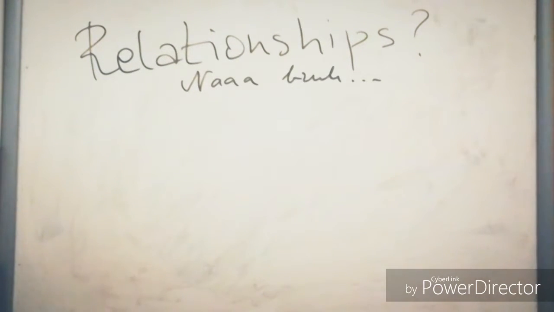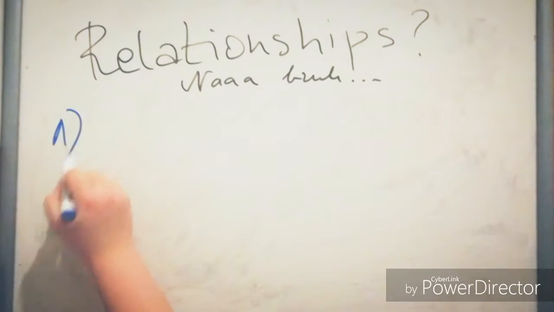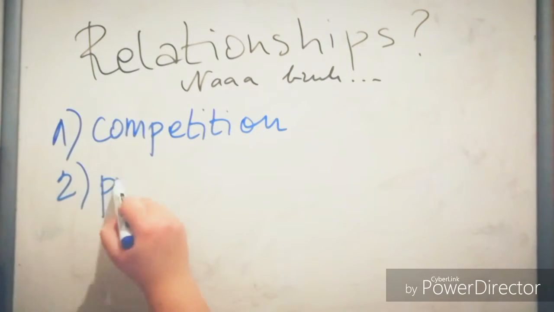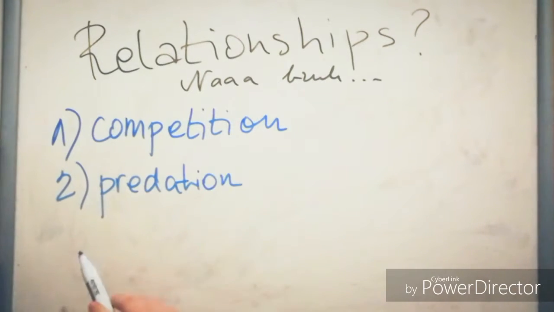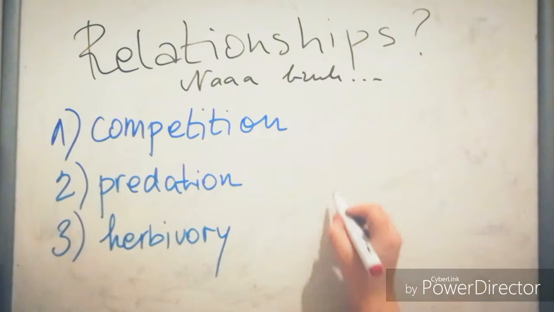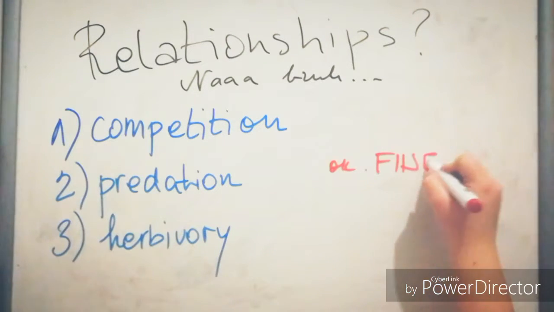There are different types of interactions. Firstly, there's competition for resources, then there's predation, where a predator kills the prey, then there's herbivory, where an animal eats a plant.